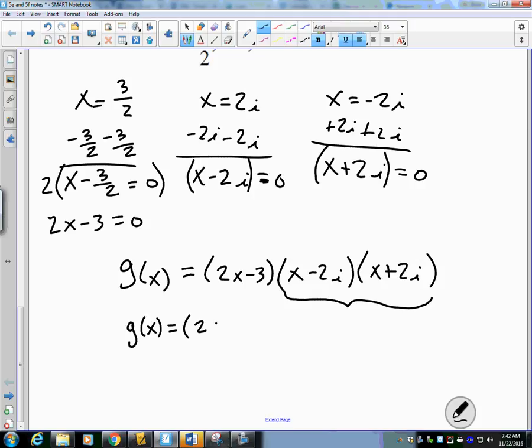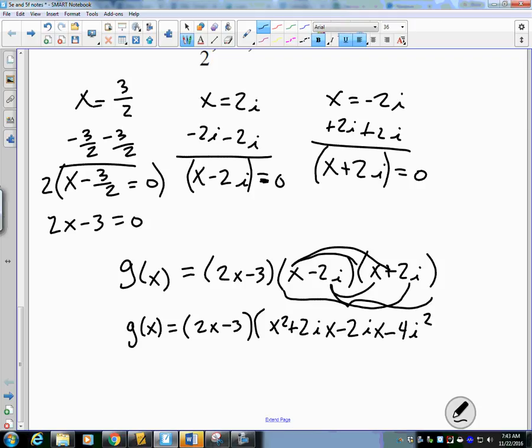Then let's start multiplying it out. x times x, x squared, x times 2i is a positive 2ix. Negative 2i times x is a negative 2ix. And a negative 2i times 2i is a negative 4i squared.